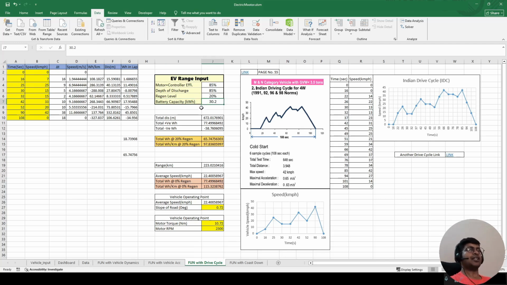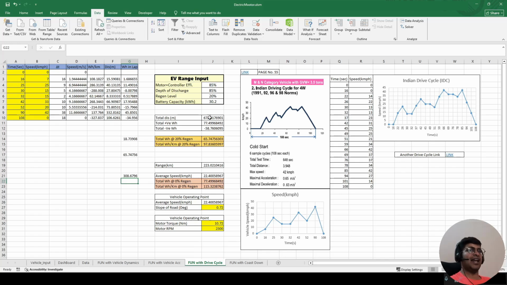Now I just have to divide this number by watt hour per kilometer to know how many kilometers I can go. This number is in kilowatt hour, so let's multiply it by 1000 to convert to watt hour and then divide by this number. So we can go 308.67 kilometer.